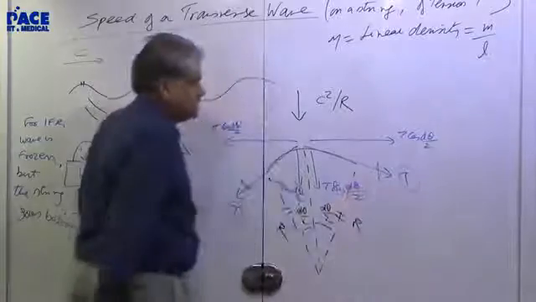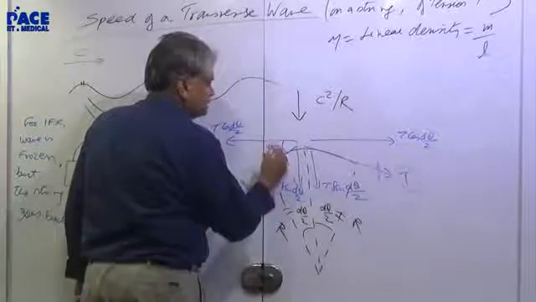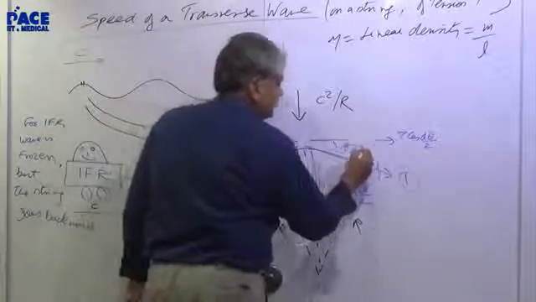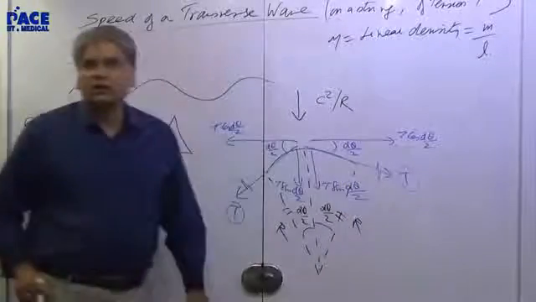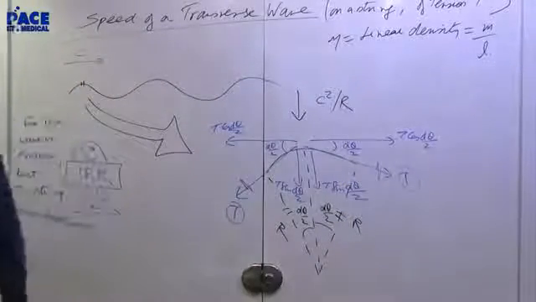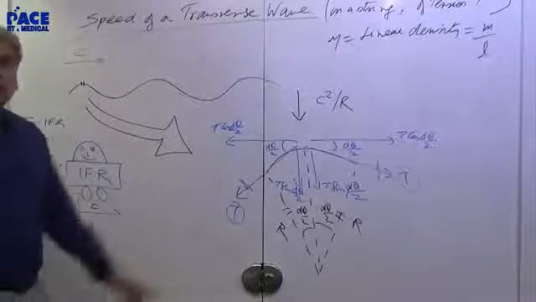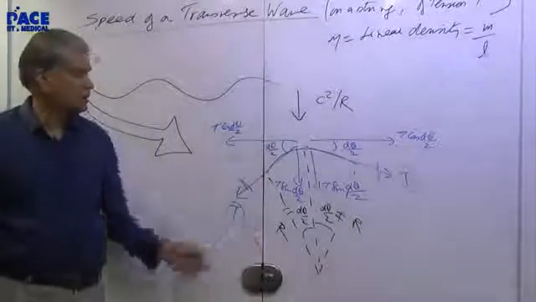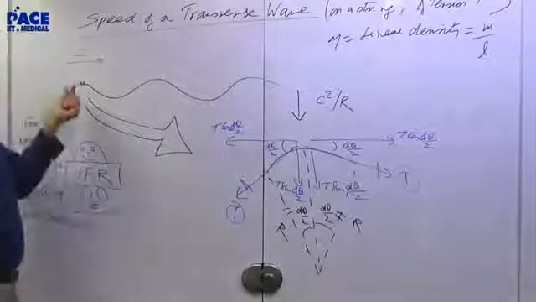Is that okay? This angle is d theta by 2, as you can see from the geometry. You might have done this resolution earlier. This is the resolution of this element.